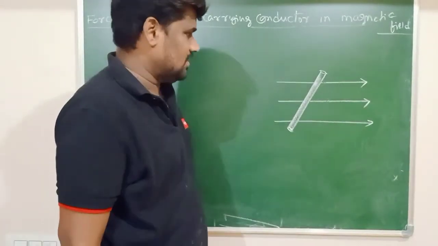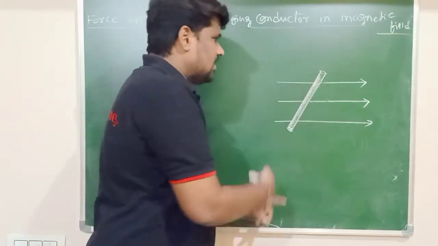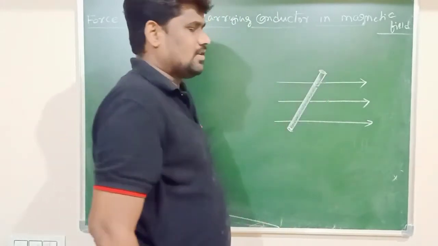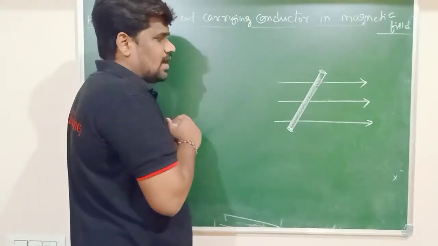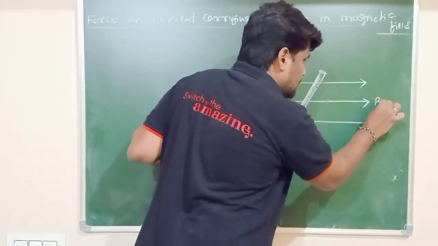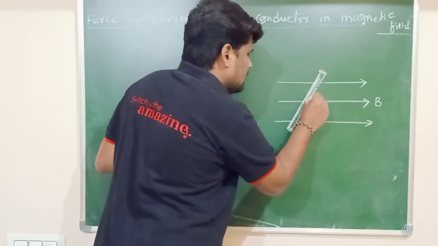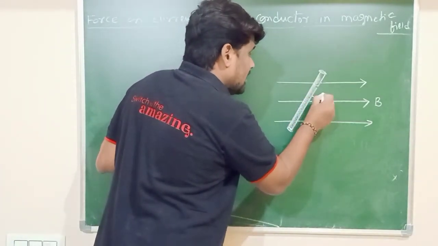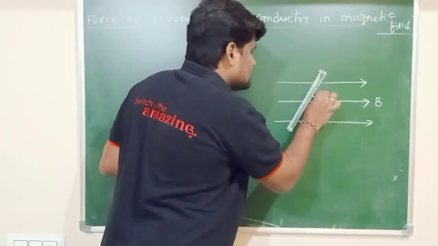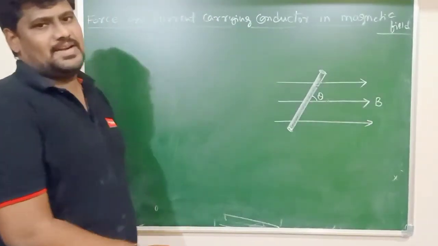Concentrate on the terms here. Length of a conductor is L and area of cross section of a conductor is A, and this conductor is placed in magnetic field B in such a way that the length of the conductor makes an angle theta with the direction of the magnetic field.